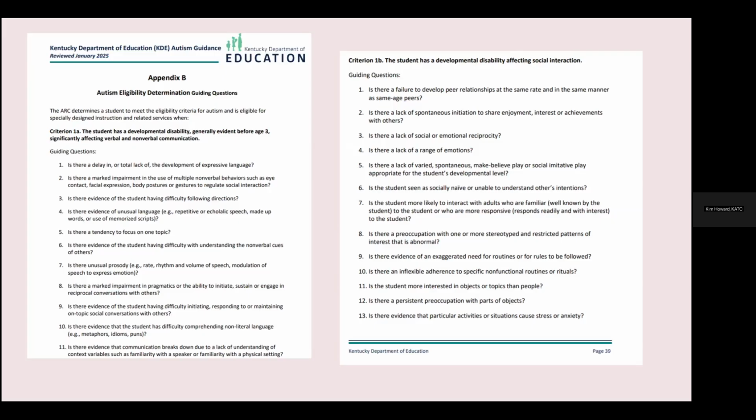Part of that: does this student tend to focus heavily on one topic, or do they use unusual language? They're using movie scripts to have a conversation, or they have echolalia. Echolalia is when I repeat what you say, or I repeat pieces of what you say. Maybe it is marked impairments in pragmatics. Pragmatics is that piece that we were talking about earlier.